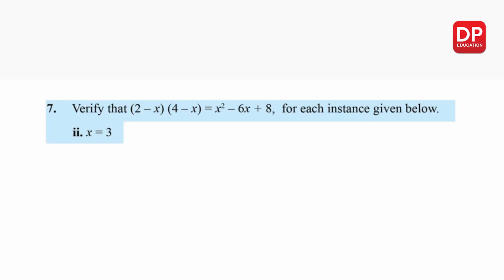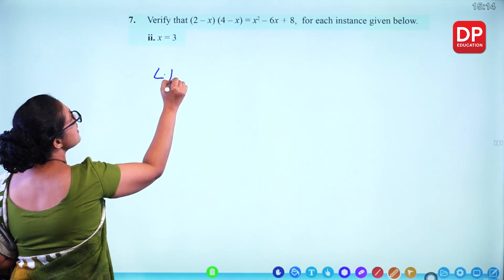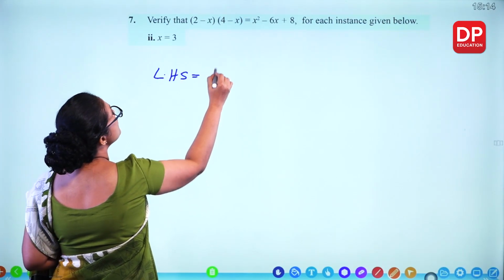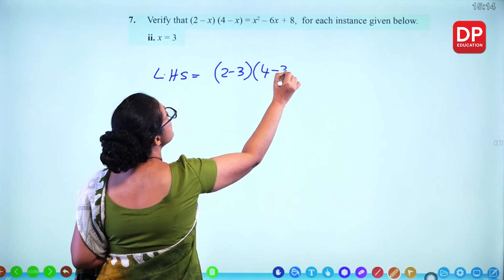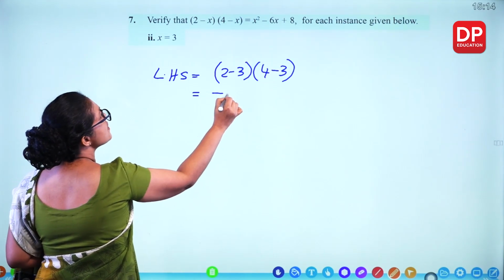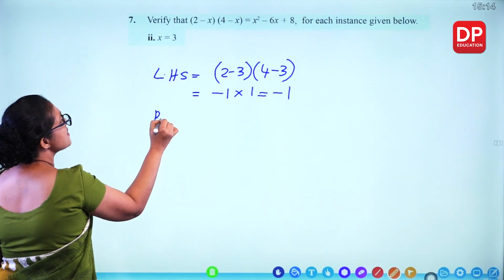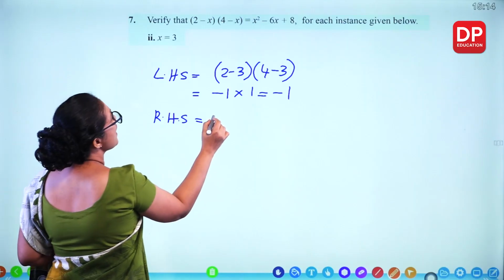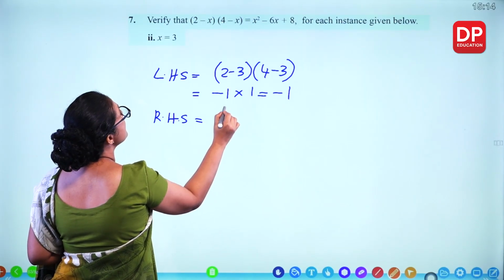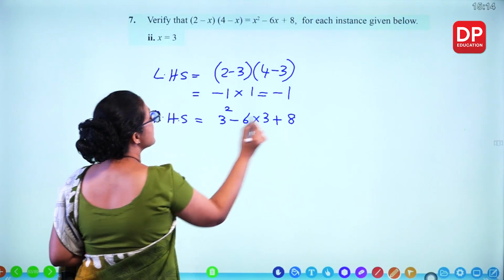Verify this statement when x equals 3. Take left hand side, substitute 3. 2 minus 3, 4 minus 3. Minus 1 and 1, you get minus 1. Right hand side, x squared. That means 3 squared minus 6 times 3 plus 8.